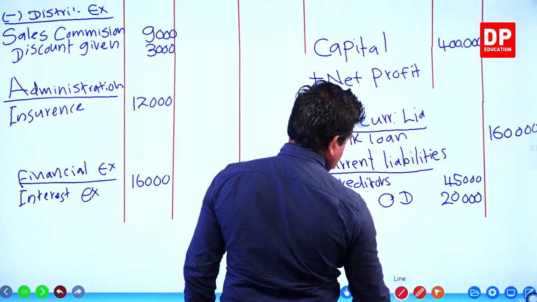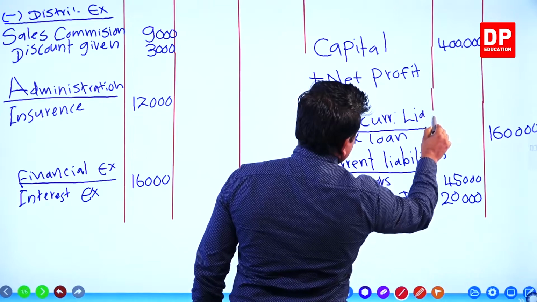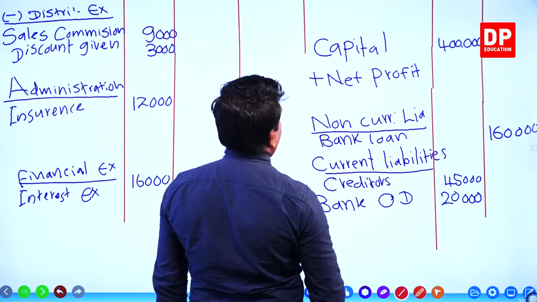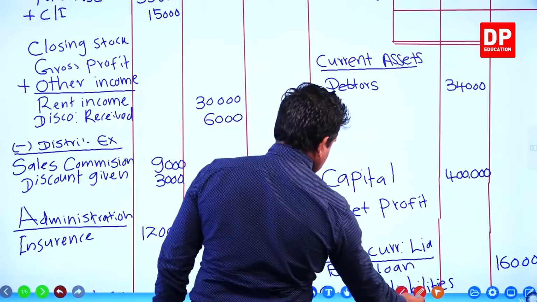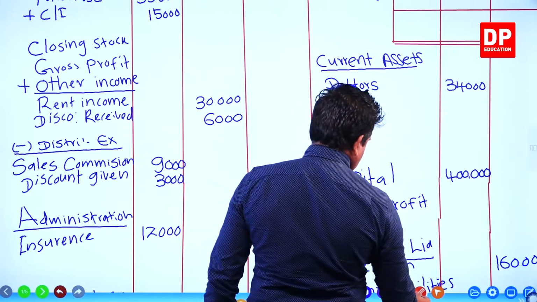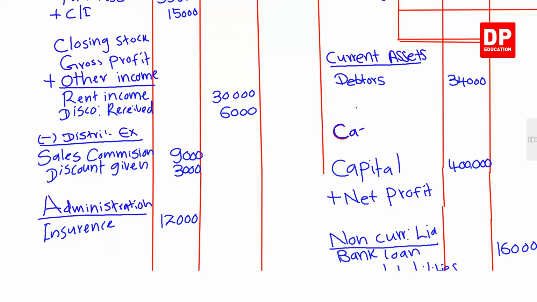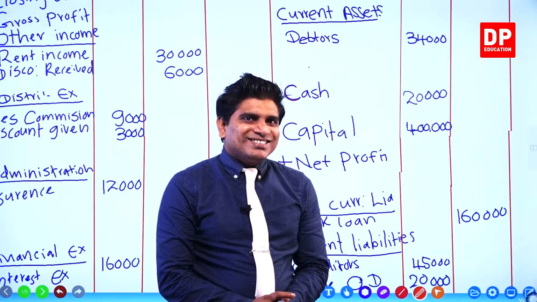Here we can draw a line, like this. Okay. Bank overdraft 20,000. Cash in hand, do you remember? Cash in hand, it's 155,000. It's current assets. You write it last, as the last item. Cash in hand means cash. Everyone look here. Is it correct? Check it again.